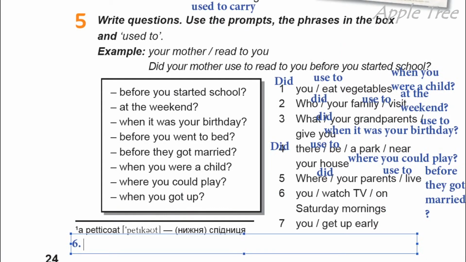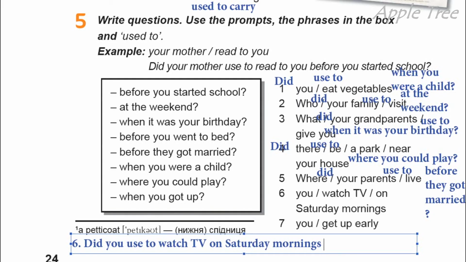So, 6. Did you used to watch TV on Saturday mornings when you got up?